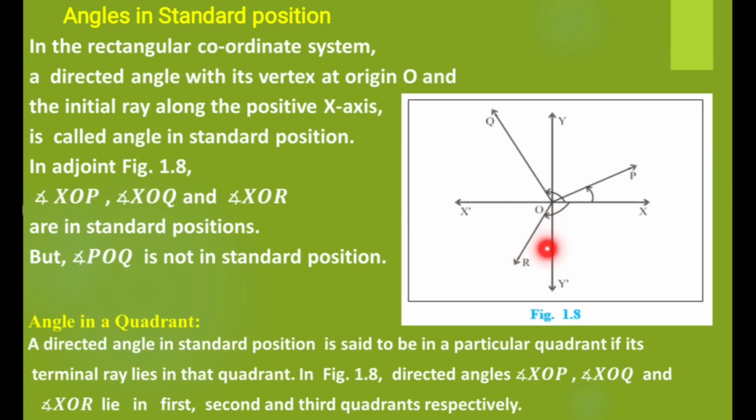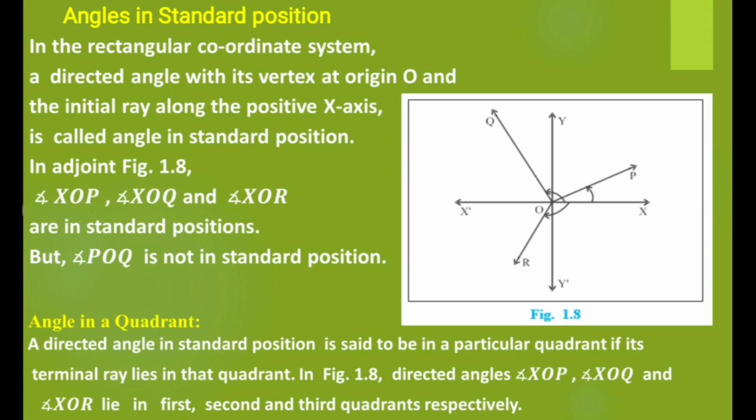So when we say an angle is in a quadrant, we always observe the terminal arm. If the terminal arm is in the first quadrant, then the angle is in the first quadrant. If the terminal arm is in the second quadrant, then we say the angle is in the second quadrant, and if the terminal arm is in the third quadrant, then we say the angle is in the third quadrant.